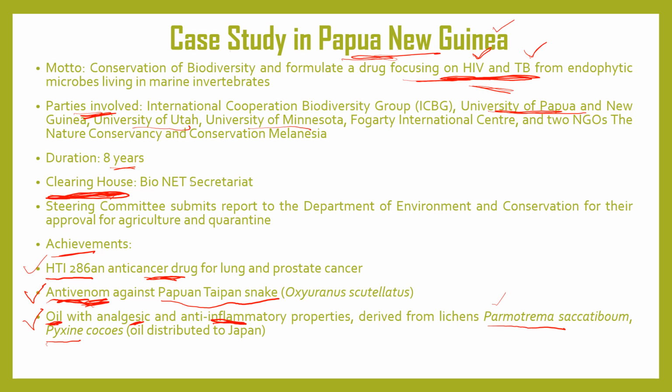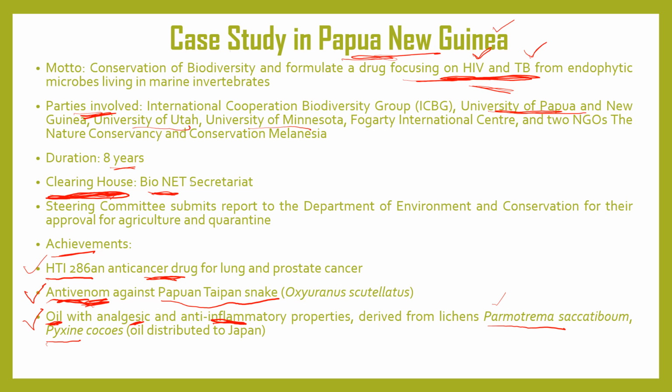Here in Papua New Guinea, it is the BioNet. This is an online database that provides information about biodiversity of that area, and this information about any country is provided by the country only.